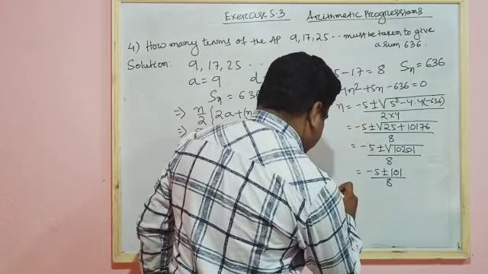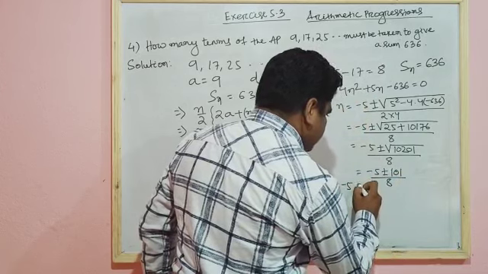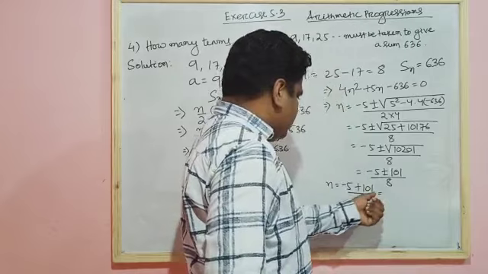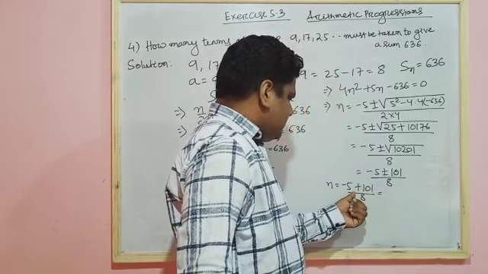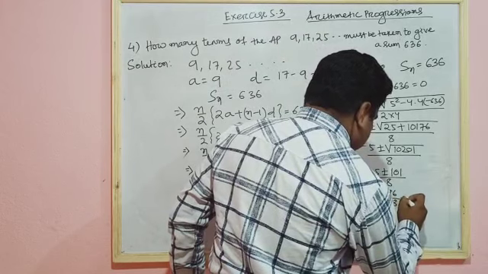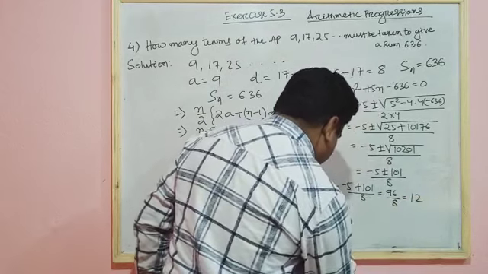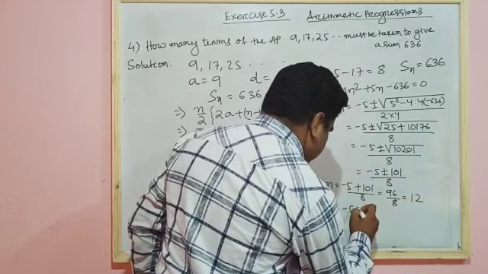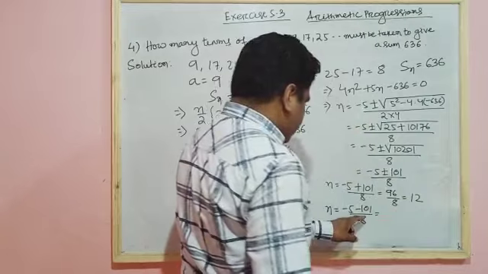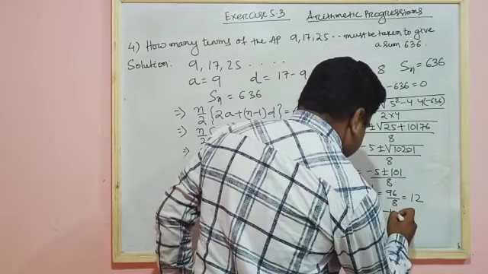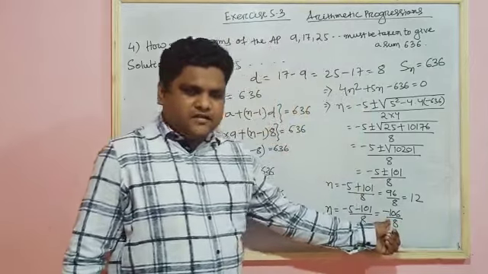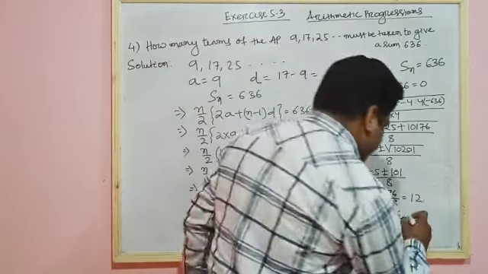So n equal to minus 5 plus 101 by 8. 101 minus 5 is 96 by 8. It will be 12, and the other n is minus 5 minus 101 by 8, which is minus 106 by 8. It is negative and also a fraction, so it is not acceptable.